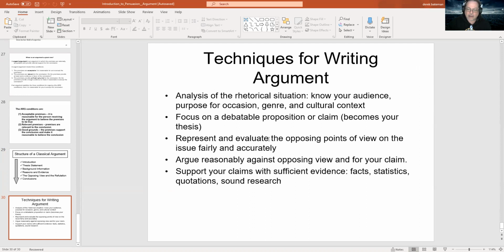Again, don't evaluate the opposing points of view. It's worded in such a way, again, for a class on rhetoric. For our intents and purposes, it's just anticipating, okay, and acknowledging that there are other possible interpretations.